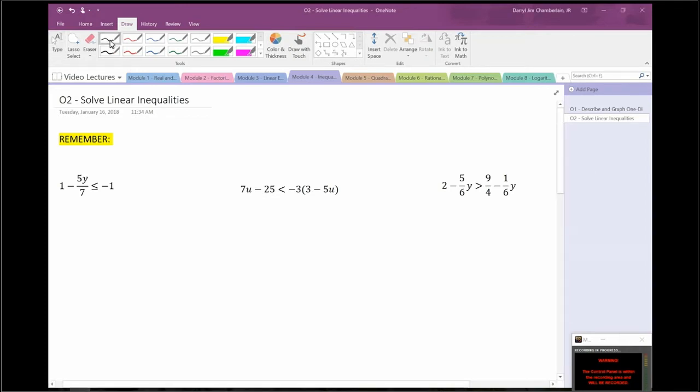So I have this reminder here. Whenever we're dealing with inequalities, it's almost exactly the same as equalities, except if I multiply or divide by a negative number, I need to flip the inequality.